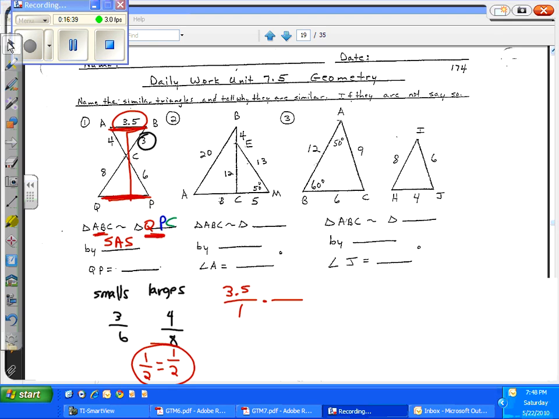Well, the small, small, large, large scale of a half. So I'm either going to use a half or 2 over 1, depending on if I'm scaling up or scaling down. Now, I'm trying to go from the 3.5 to its bigger triangle partner. So I'm trying to get bigger, so I scale up. So I use the 2 over 1 instead of the 1 over 2. And I get 7 for QP. Any questions on number 1?